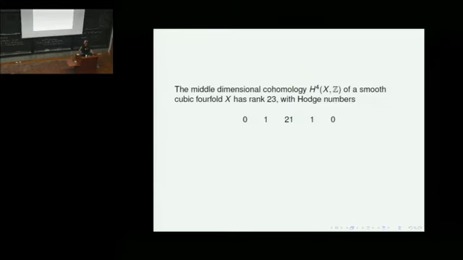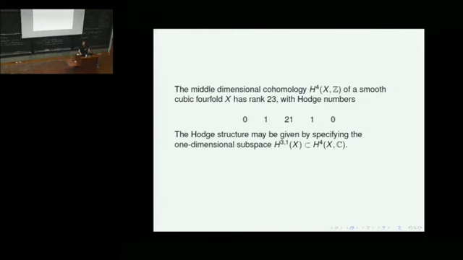The Hodge structure, or the cohomology of the cubic fourfold: by Lefschetz, there's no interesting cohomology, so to speak, except in the very middle dimension, in H^4. The H^4 has rank 23, and the Hodge decomposition has dimensions 0, 1, 21, 1, and 0. So that's the picture of the cohomology, or specifically the Hodge decomposition.